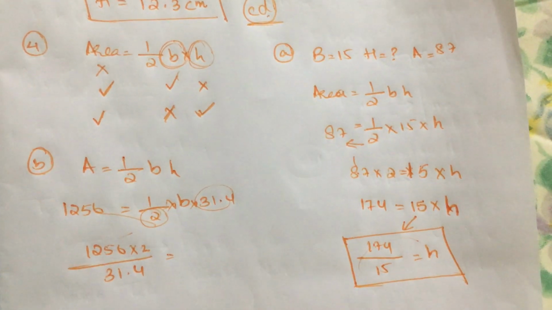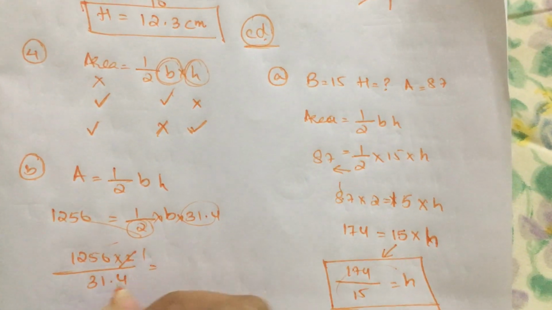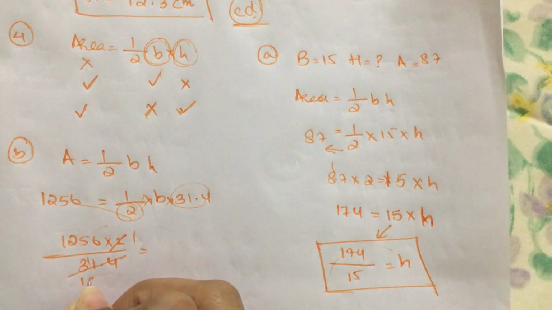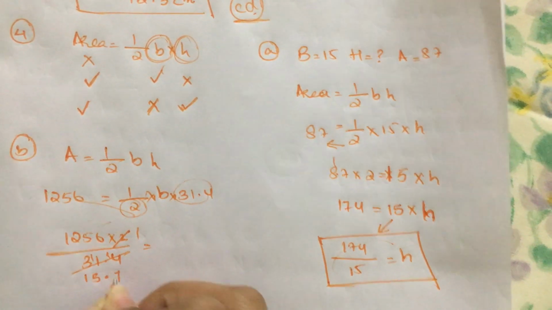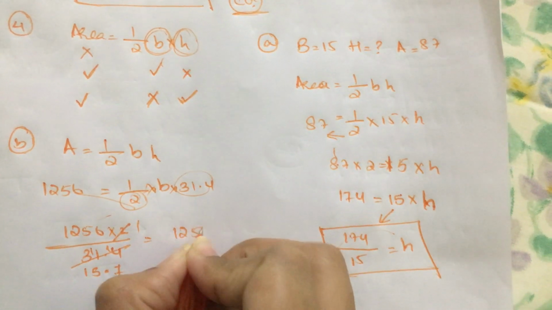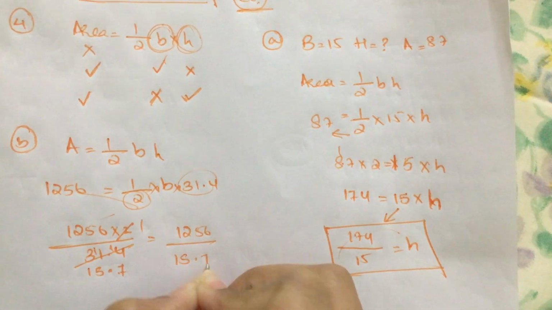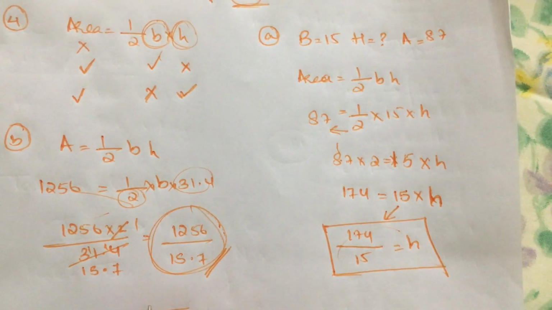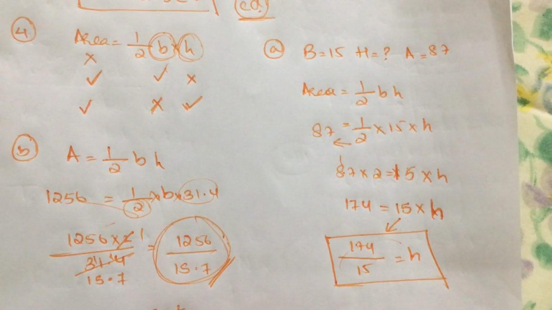That is equal to 2512 by 31.4. So 1256 by 15.7 is what I get here. You have to simplify this and give the answer in centimeters square.